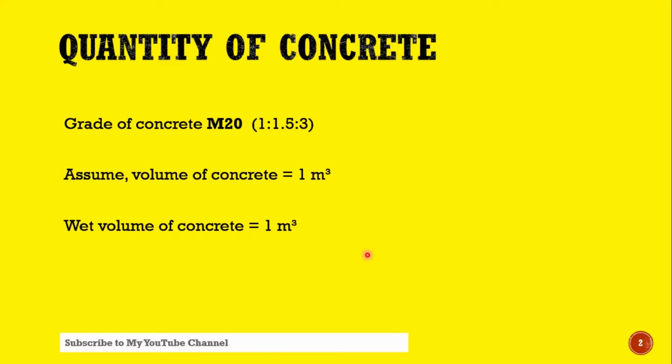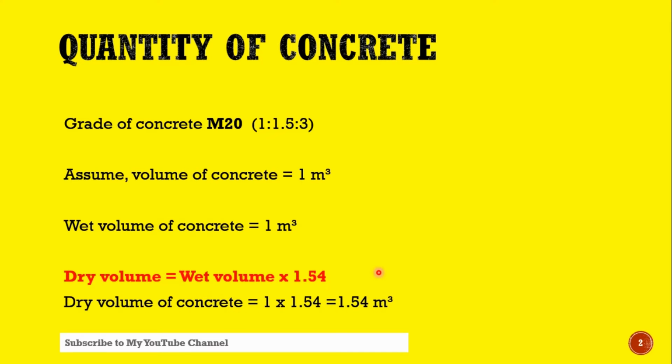To calculate the quantity of dry material, we must know the dry volume of the concrete. Dry volume of the concrete can be calculated by this formula, that is dry volume equals to wet volume multiplied by 1.54. Here 1.54 is dry factor, which is also known as multiplication factor.